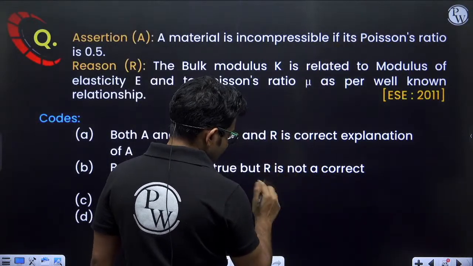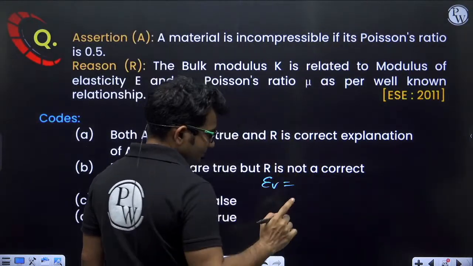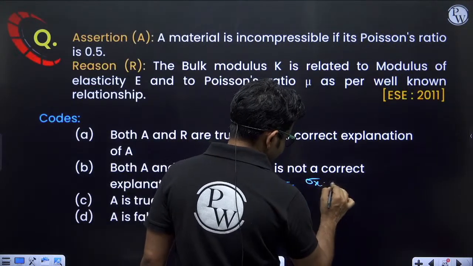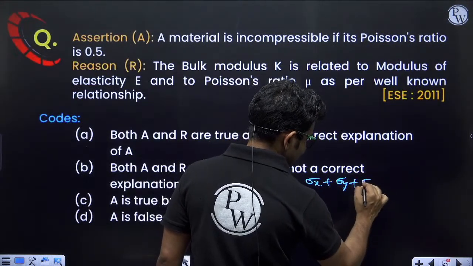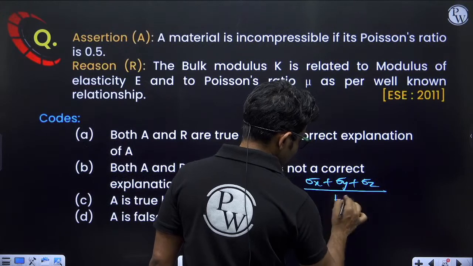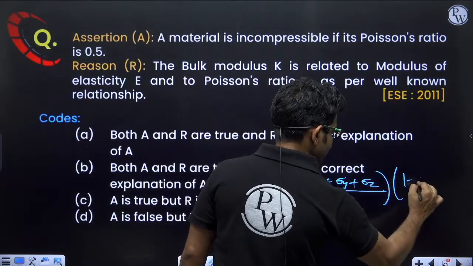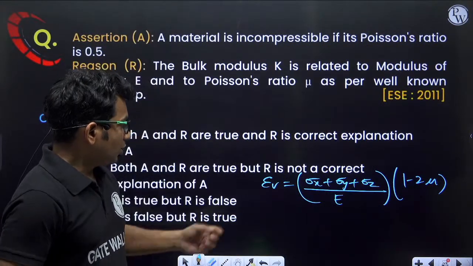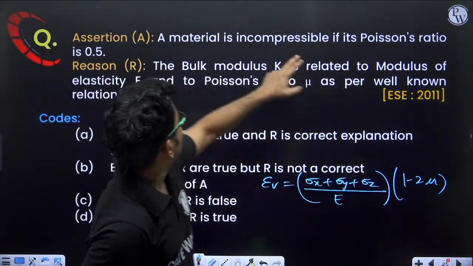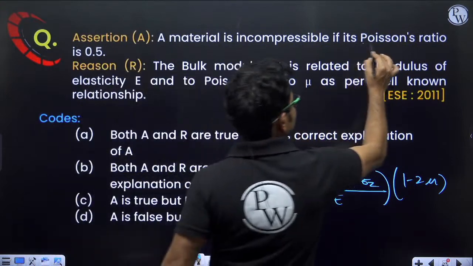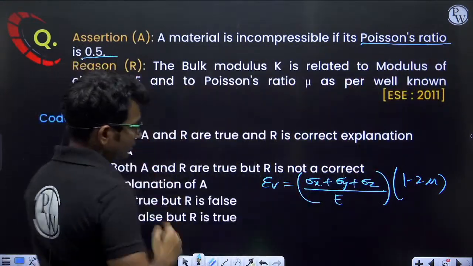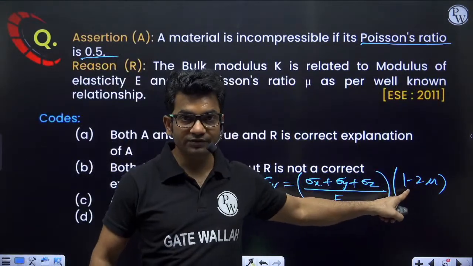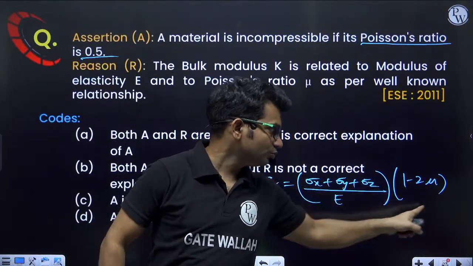So is it true? Volumetric strain is (sigma x plus sigma y plus sigma z) upon E, into (1 minus 2 mu). Now, if Poisson's ratio is 0.5, that means mu is 0.5. If I put mu as 0.5 here, I get 1 minus 2 mu as 0.